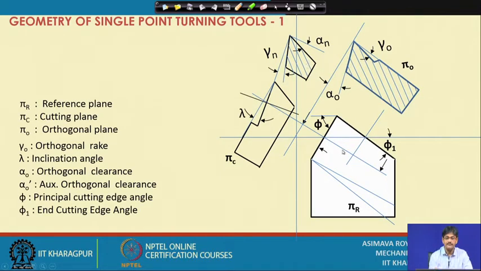We have this tool in the plan view, we have the section in the orthogonal plane, we have the view in the cutting plane, and then if we make a section this way, I have not shown the section arrows, if we make a section along this particular line, then we will get a sectional view in which the normal rake will be coming out here.